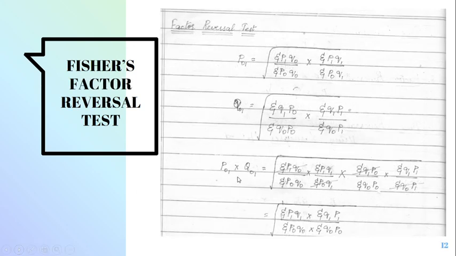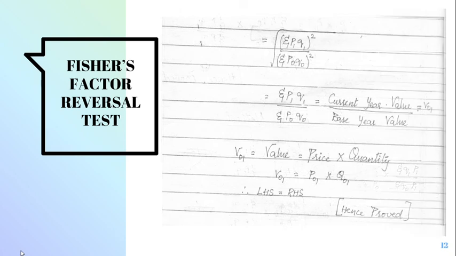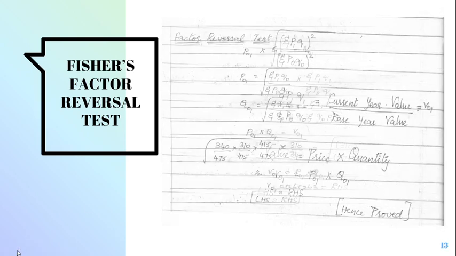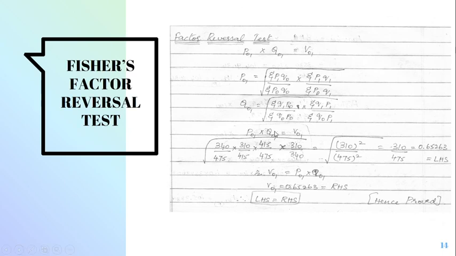Now for the factor reversal test, we have to reverse the factors and we are going to substitute the values. So while substituting the values, we will be proving that the factor reversal test is proved.